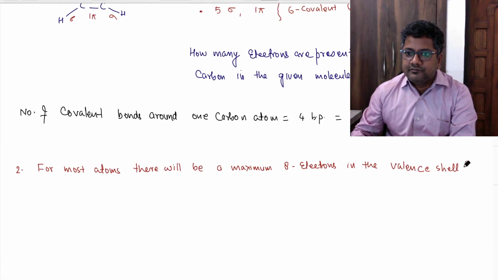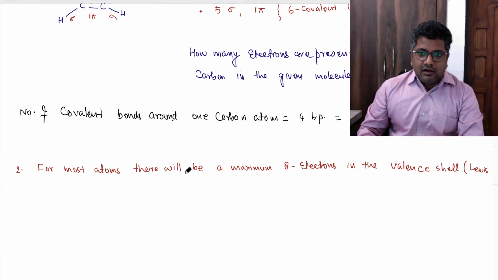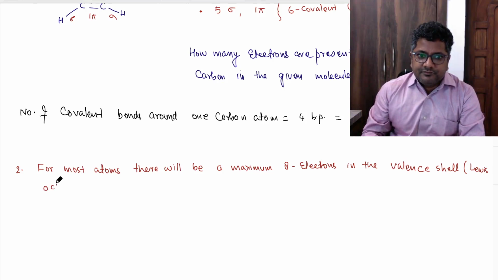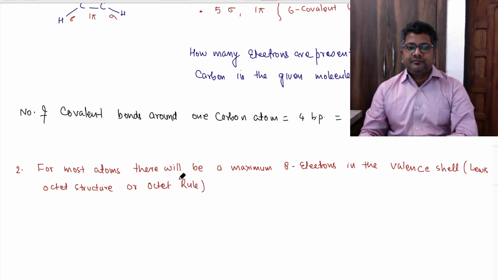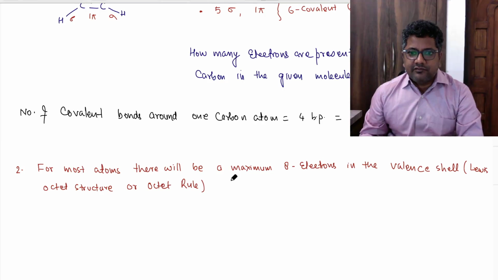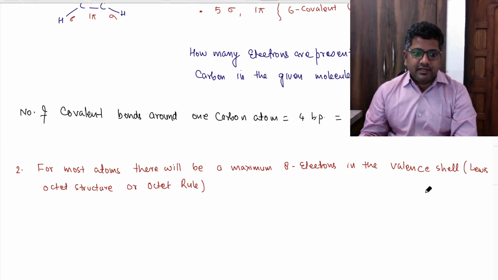This is called the Lewis octet structure, or octet rule. Right? So for most atoms there will be a maximum of 8 electrons in the valence shell.